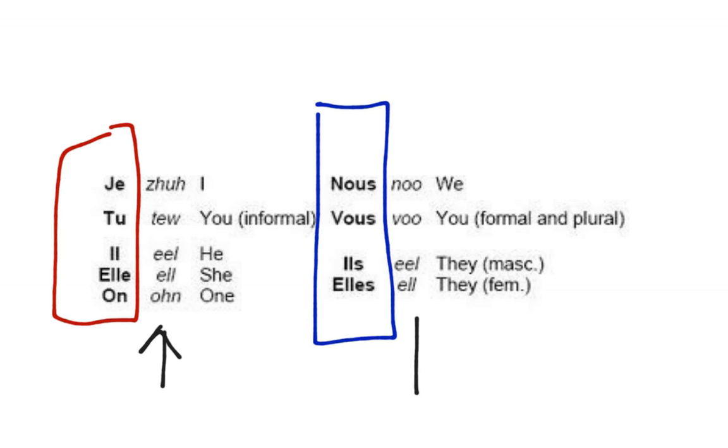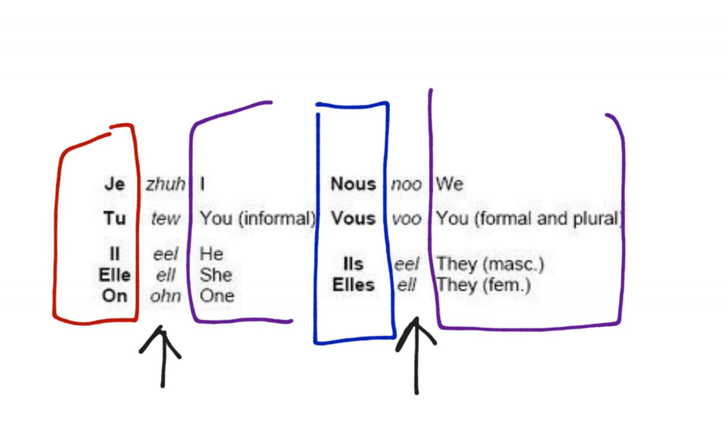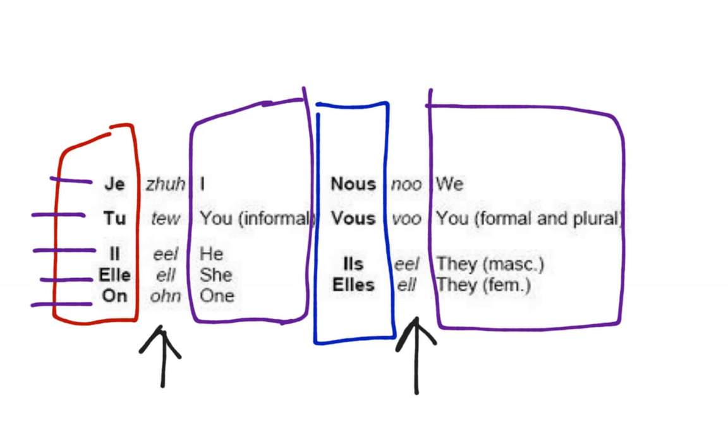That's the way they sound in French. And then over to the next side, you have the English meaning, or the explanation, or the definition of each one. So you have je, which means I. Répétez, repeat, je, tu, il, elle, on. And this means one. It also can mean we or people in general.